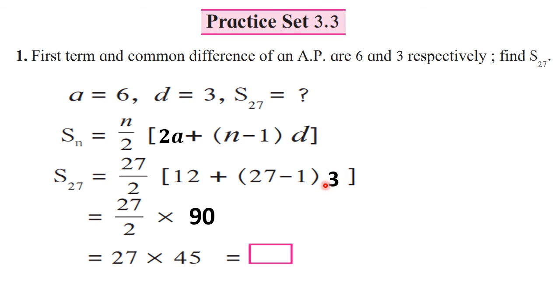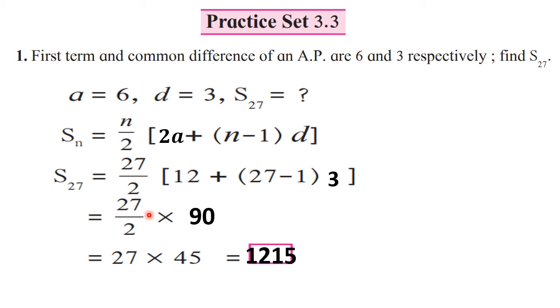That is the second answer, 3. You only have to observe and write. It's very easy. Now again in the next step, the direct answer is given, so you have to do the calculation here. 27 minus 1 is what? 26. And then 26 threes are 78, and 78 plus 12, the answer is 90.